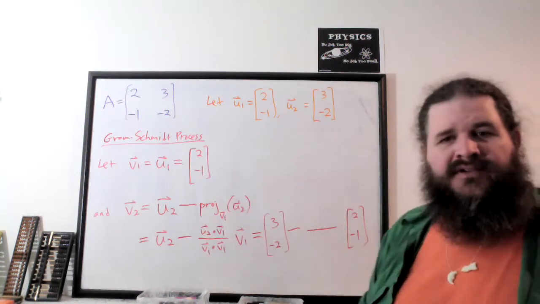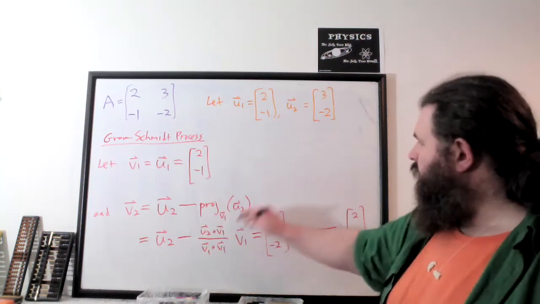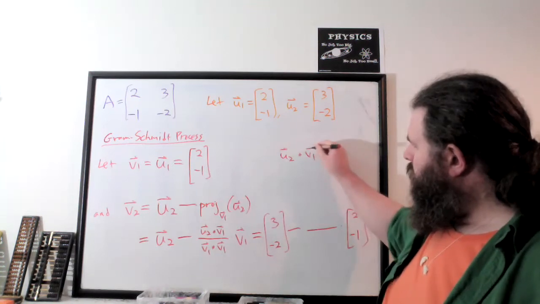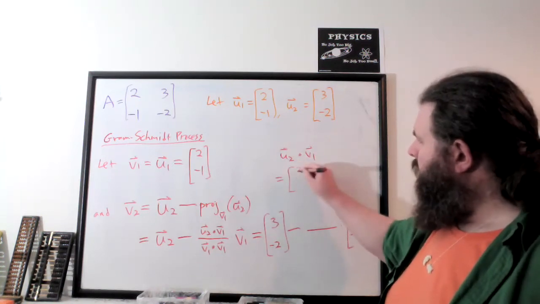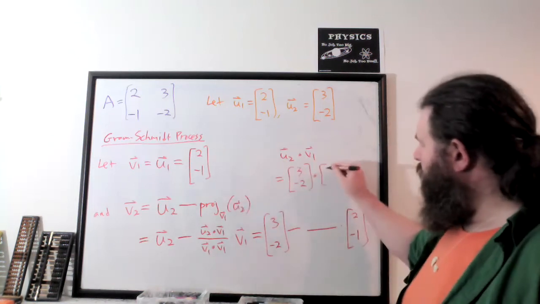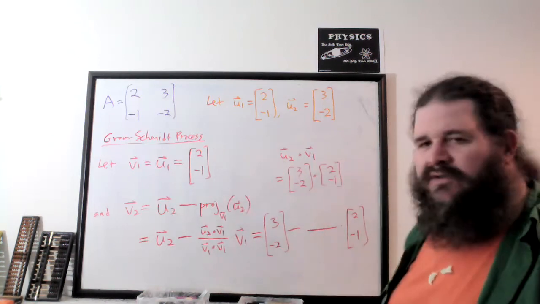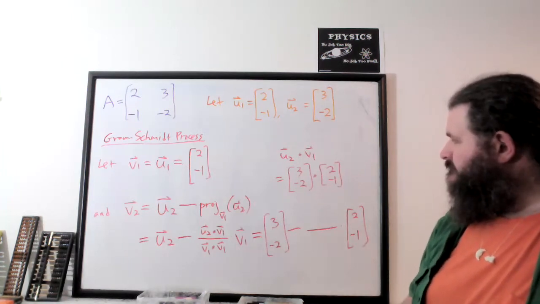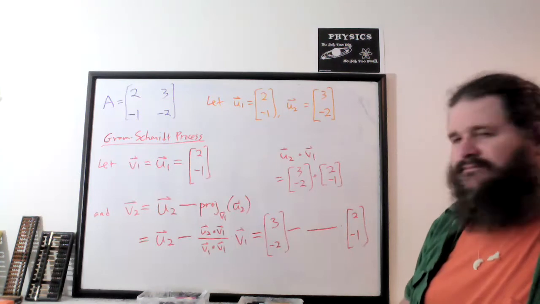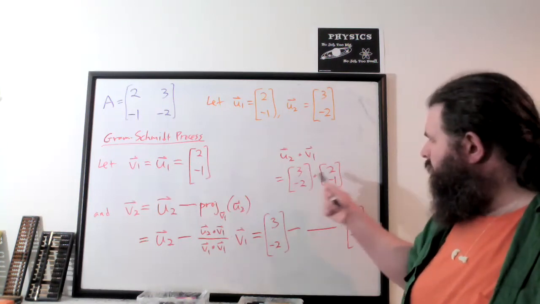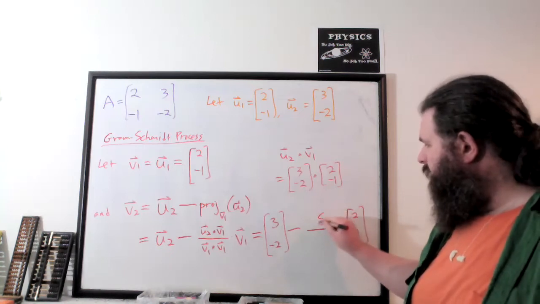And for that fraction, we just need to take some dot products. For instance, U2 dot V1, that's (3, -2) dot (2, -1). And what is that dot product? We've got 6 plus 2, so that looks like 8.